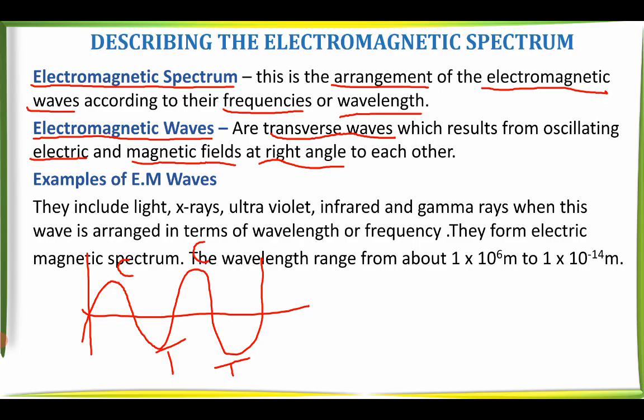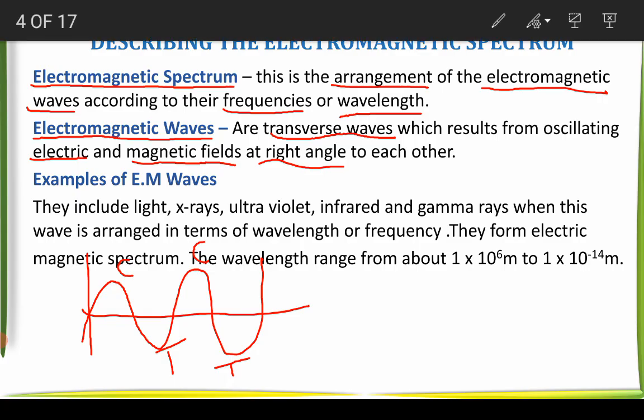Some examples of electromagnetic waves include, but are not limited to, X-rays, UV radiation, or ultraviolet radiation, infrared radiation, gamma rays, and others. When arranged in terms of wavelength or frequency, they form an electromagnetic spectrum.